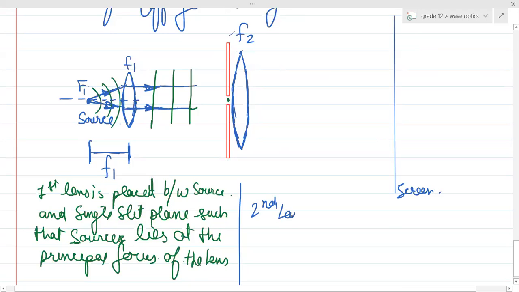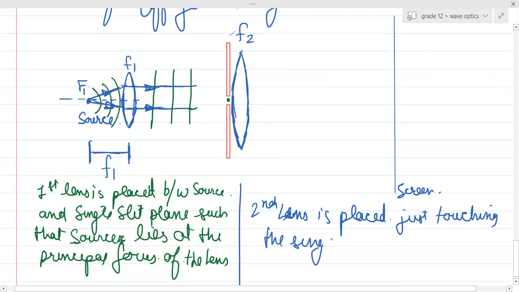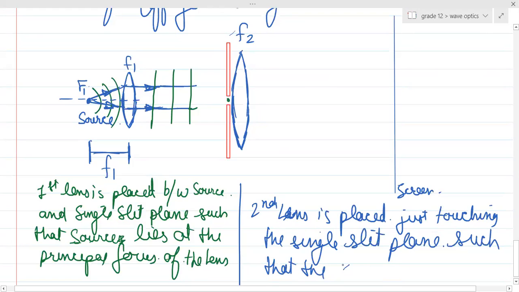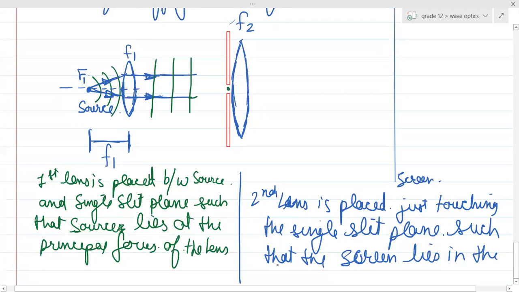So the second lens is placed just touching the slit plane, such that the screen lies in the focal plane of the second lens.